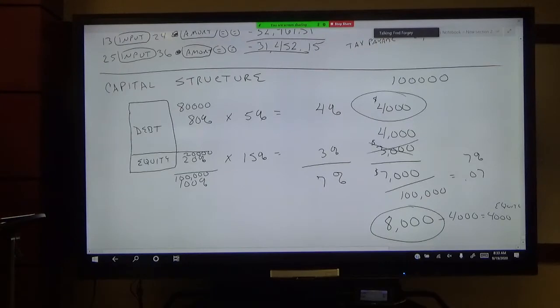And we sort of back solve into what that is saying to us, that if we still only have $20,000 of equity, and now we're getting $4,000, that's increased our rate of return from 15% on equity to 20%.